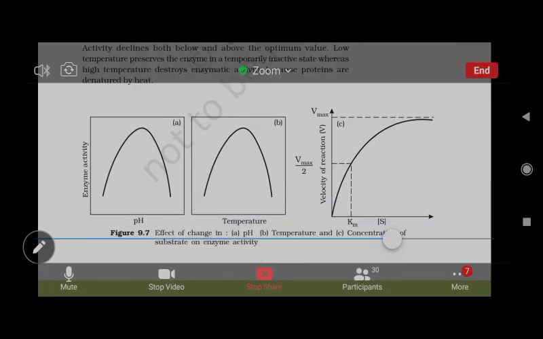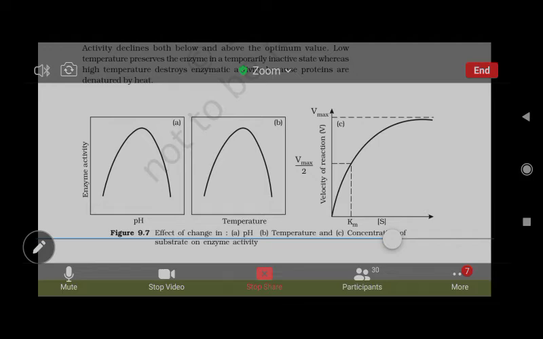Here, students, you can see three graphs are plotted. The first one, A, is the enzymatic activity affected with the change in pH, then the temperature, and finally the substrate concentration.